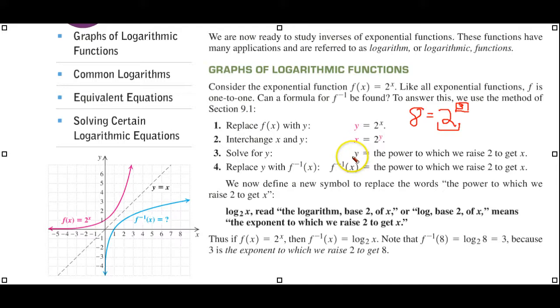We replace our y there with this symbol now. That's f inverse, which is equal to the power to which we raise 2 to get x, which is what I've described there.